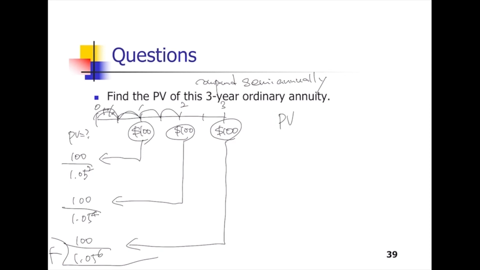The present value of an ordinary annuity can be calculated by payment over I times (1 minus 1 over (1 plus I) power of n), right? And what is I here?